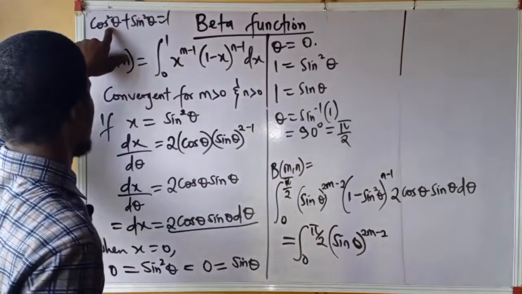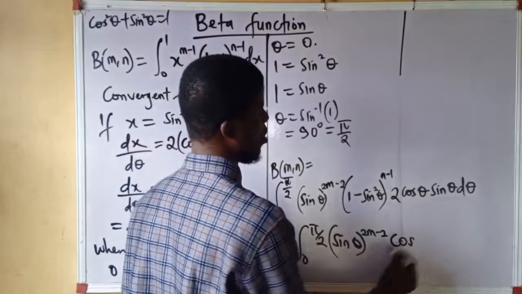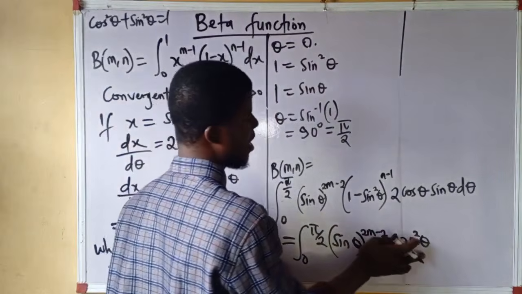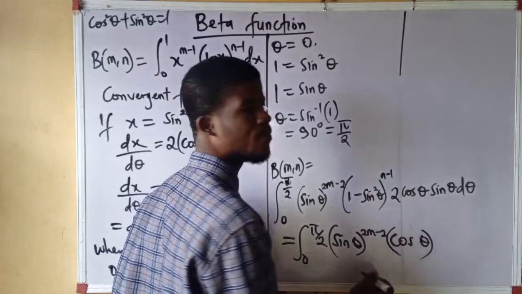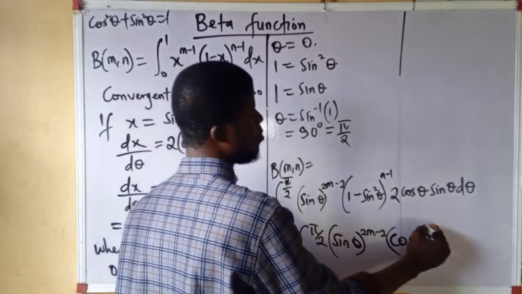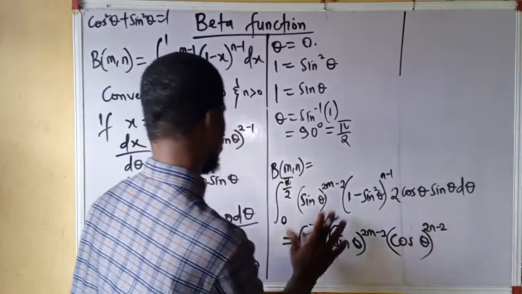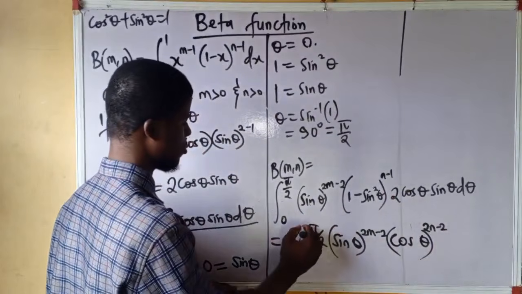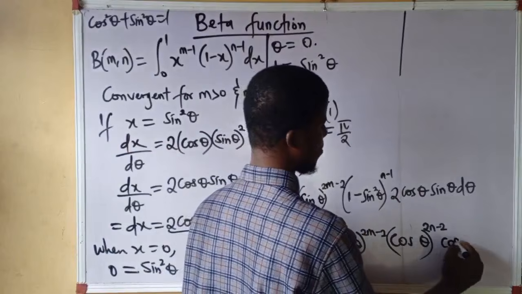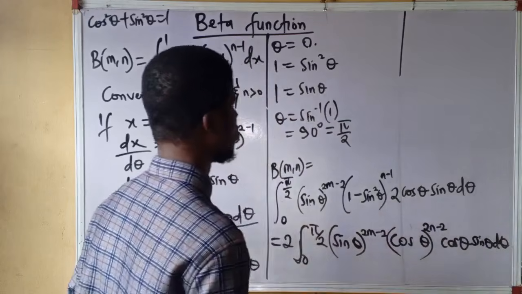So cos squared theta will be equal to 1 minus this. So in this bracket, I'm going to write cos squared theta. Now, I can write this as cos theta all squared. So that square is going to multiply this power outside, 2n minus 1, and that will be 2n minus 2. You agree with me? Then these two can come out. We'll be having cos theta, sin theta, d theta.